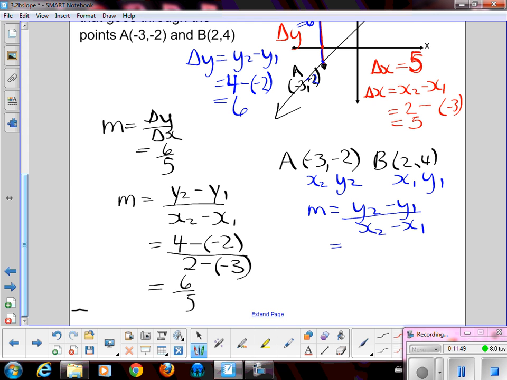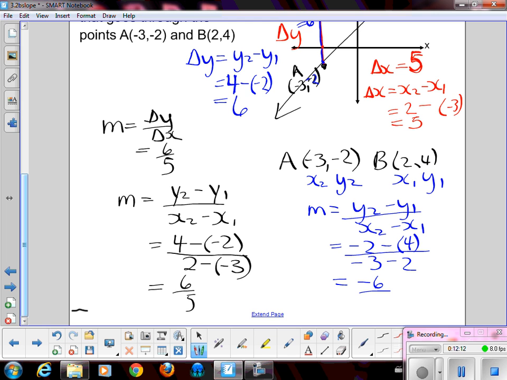Okay, so y2 in this case is going to be negative 2 minus a 4. And the x2 is going to be negative 3 minus a 2. So are we going to get the same answer? Well, let's try. Negative 2 minus 4 is a negative 6. Oh, I don't know. Maybe we won't get the right one.